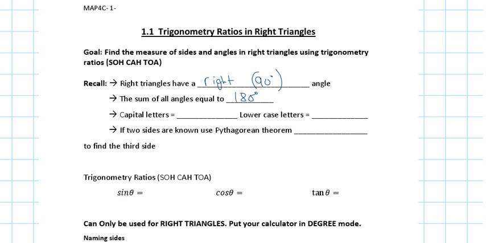When we label our triangle, we label the angles with capital letters, and we label the sides with small letters.